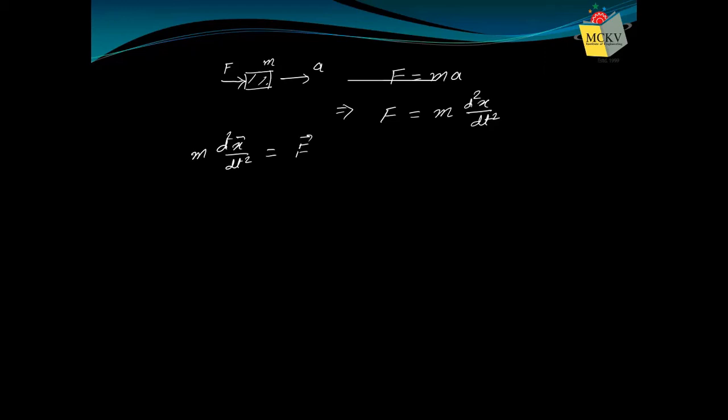If I know the types of forces, that means I know the expressions of those forces. From that, I first calculate dx by dt, that means I integrate to get the velocity. Again, we integrate to get the displacement. Once I get all these, everything will be known. Because if we know the displacement of the body, we know the velocity, and from the velocity, the acceleration. If I know these, then I know the energy. So in Newtonian mechanics, the starting point is to find out the position.